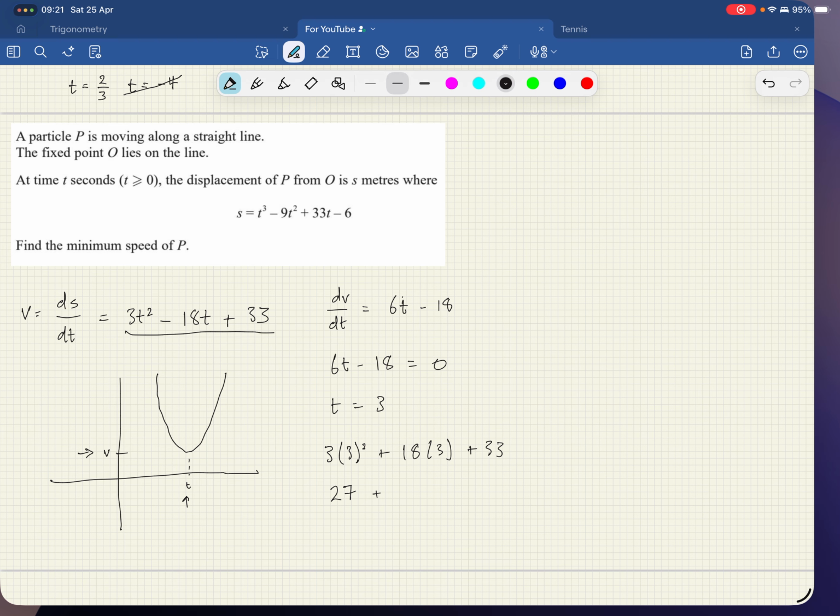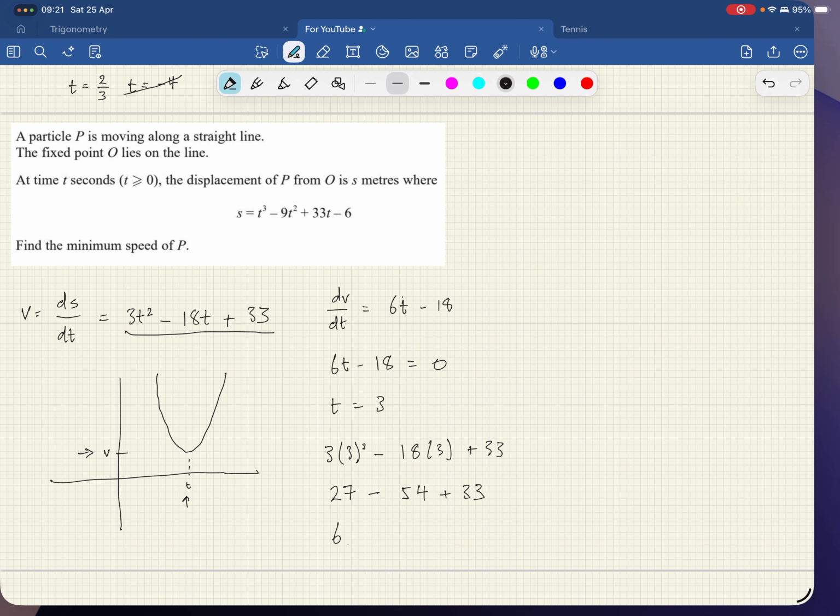That gives us 27 plus 54, no, it's minus, let's just be careful about that. That's a minus 18 here, so that gives us minus 54 plus 33, and that gives us an answer of 60 minus 54, which is 6.